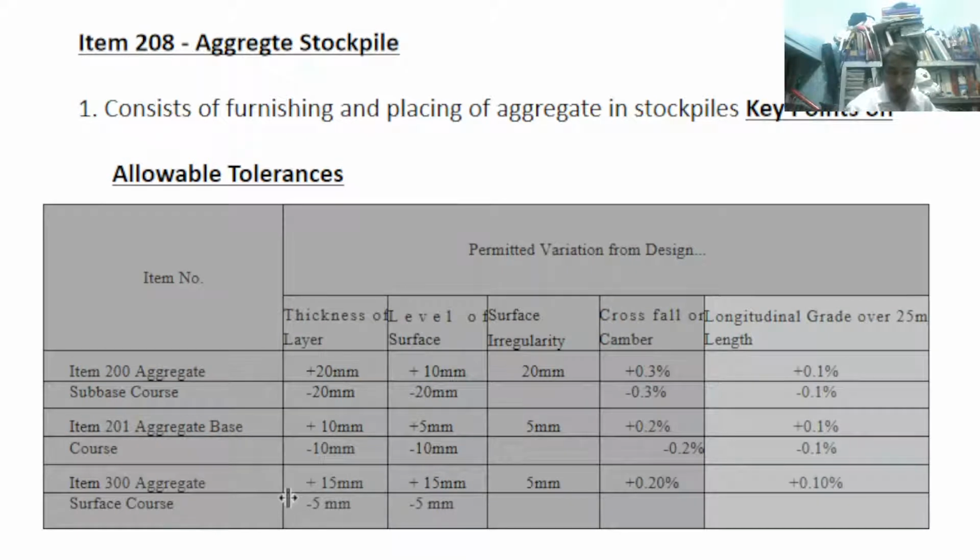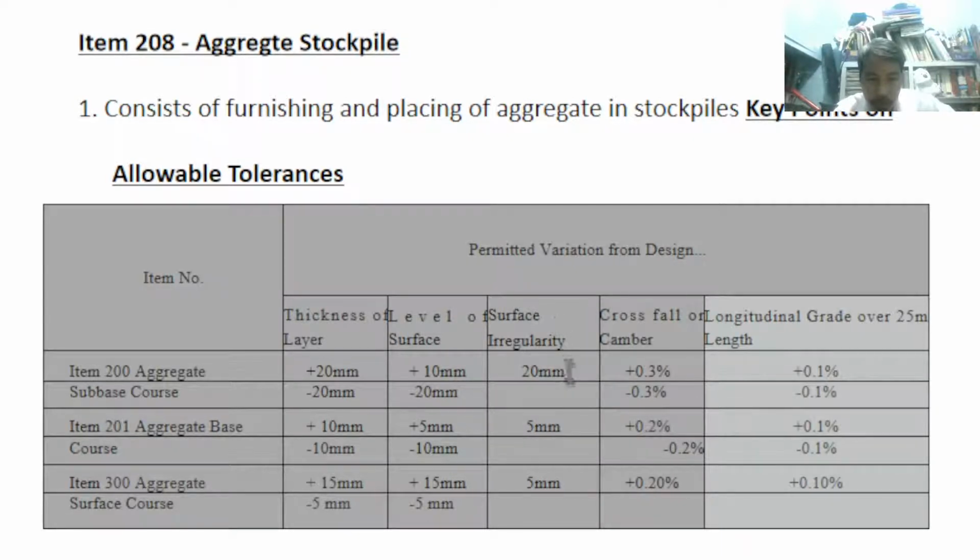So, for item 200, aggregate, thickness of layer. Permitted variation from the thickness of layer: plus minus 20 mm. That is the tolerance for the thickness of layer. So, remember, the layer is 200 mm or 150 mm. For the level of surface, positive 10 mm, negative 20 mm.